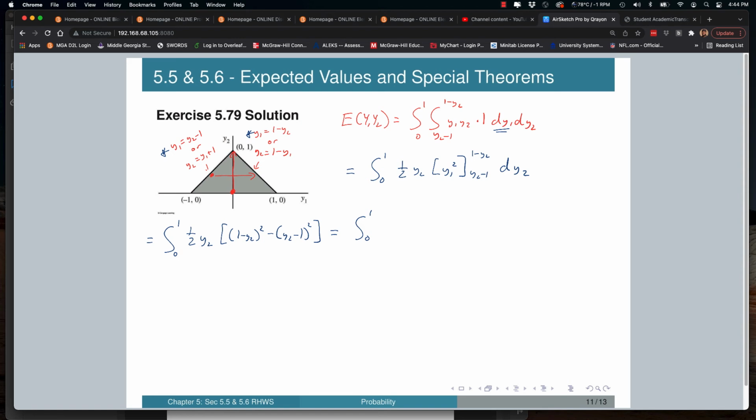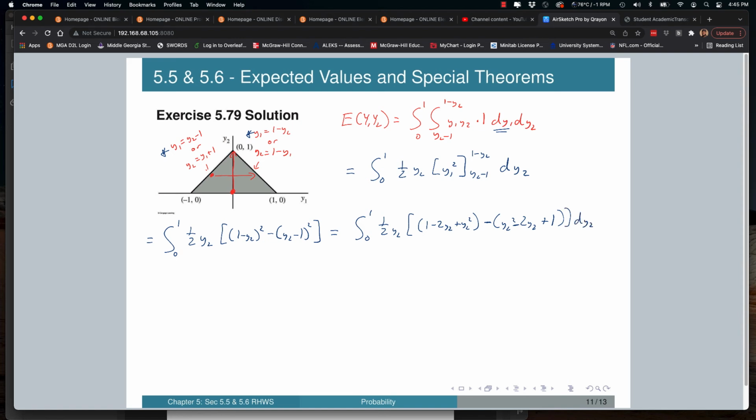We get that 1/2 y sub 2 is here, and if inside the brackets I expand both these terms, the first one is going to be 1 minus 2 y sub 2 plus y sub 2 squared, minus, we get y sub 2 squared minus 2 y sub 2 plus 1. And dy sub 2.